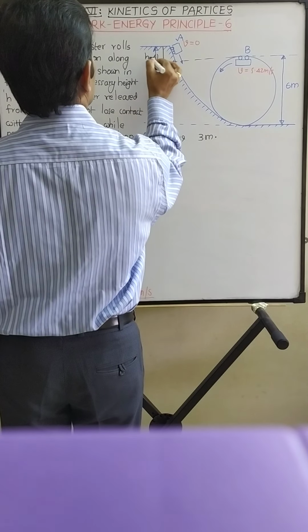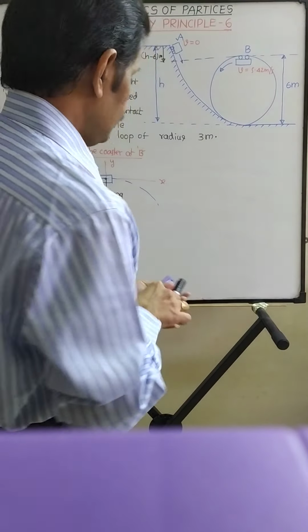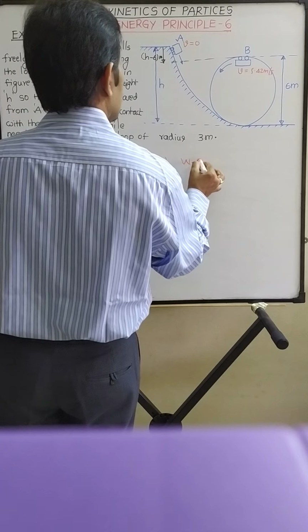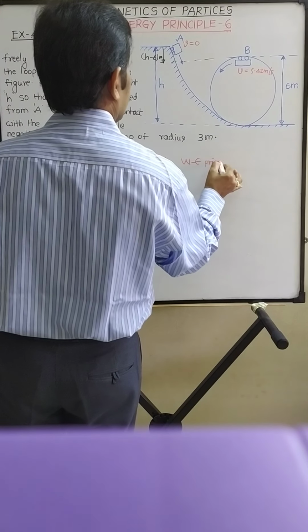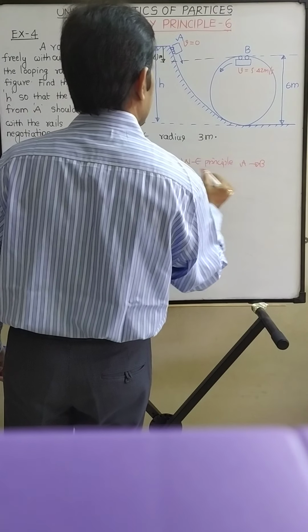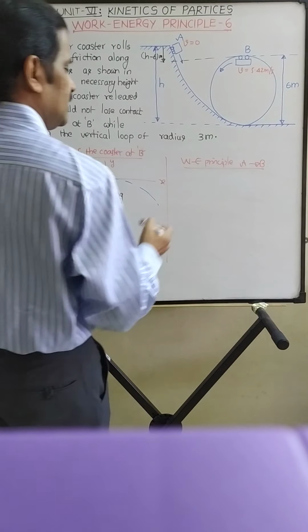So h minus 6 meters. Understood? Now using work energy principle from point A to B. So A is the initial position, B is the final position.